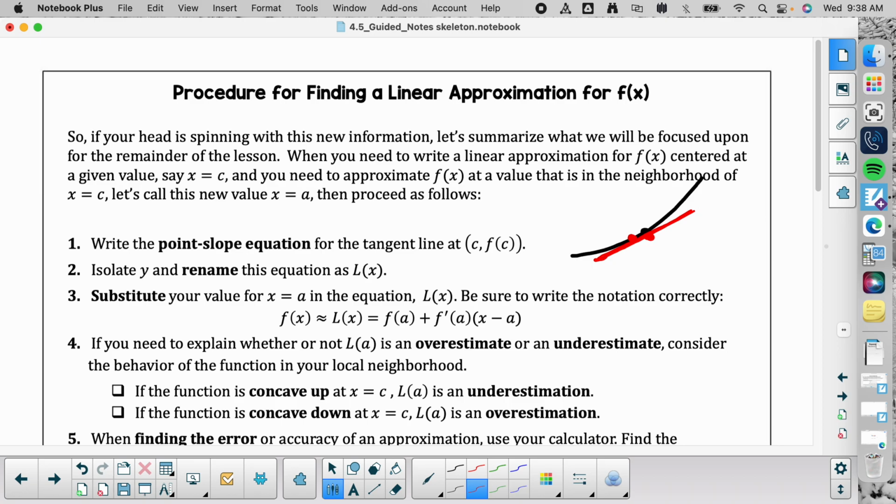And so they call that a linear approximation because it's an approximation that's going to be close. And you have to find the tangent line. Once you find the tangent line, then you plug in the value that you're not able to find, or what you're trying to approximate. That's a tangent line approximation.